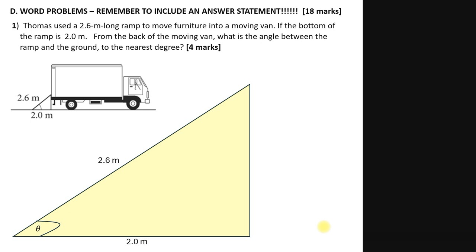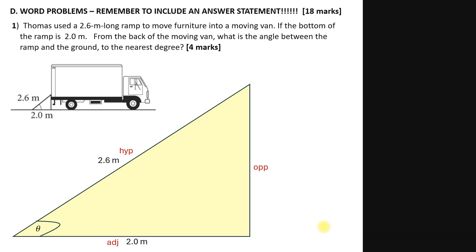In this word problem, I've redrawn the word problem with a bigger triangle. It's just a little bit easier for us to represent everything. So we have a reference angle of theta, and two sides are given. So we'll label our triangle relative to the reference angle.